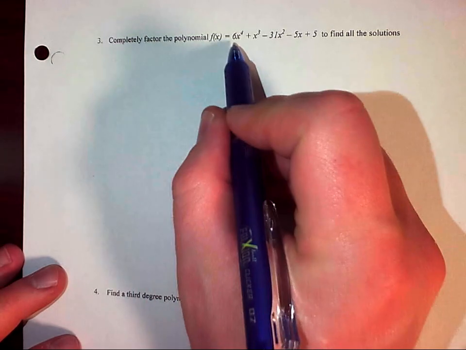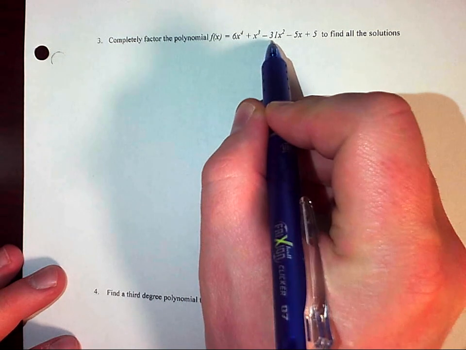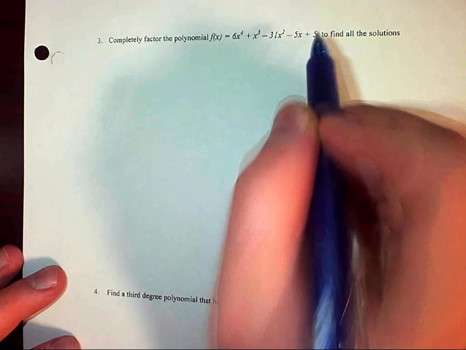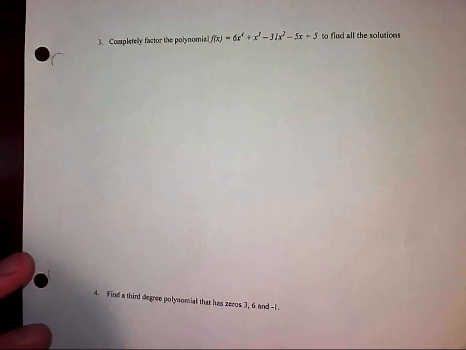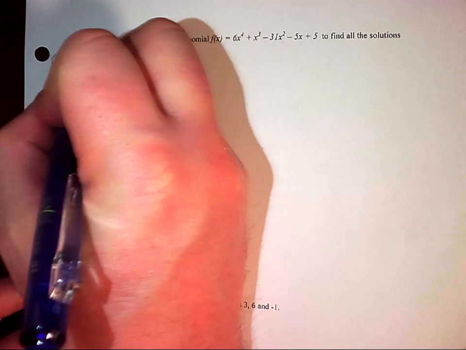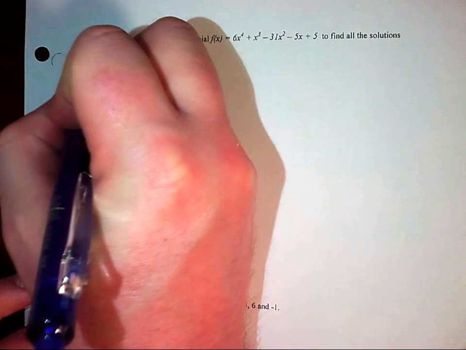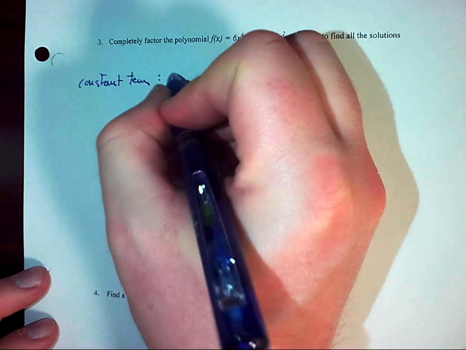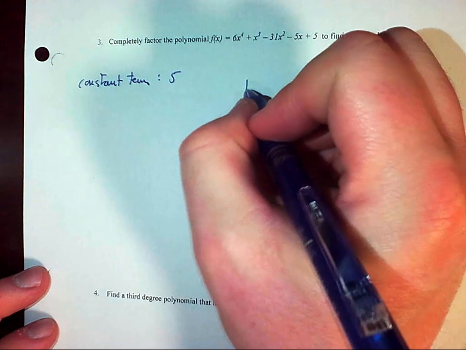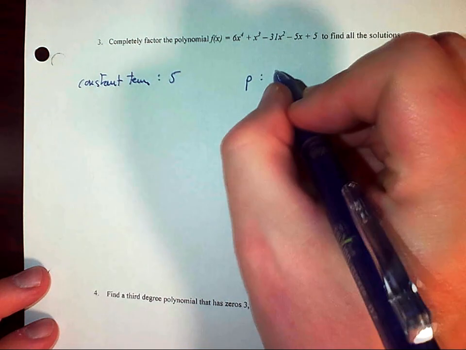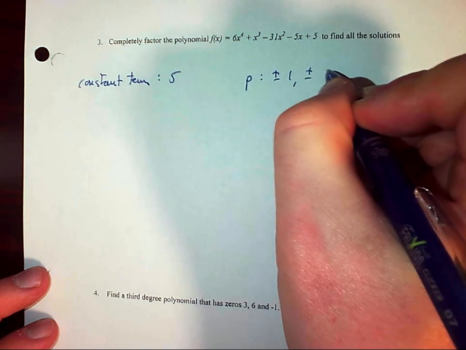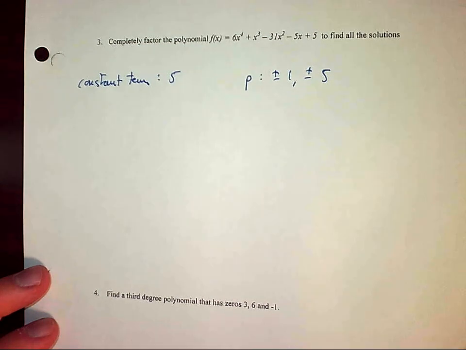So first off, since each one of our coefficients is an integer, we know that we can apply the rational zeros theorem. So what we're going to do is look at our constant term. Our constant term is 5. So therefore here P is going to be plus or minus 1 and plus or minus 5.